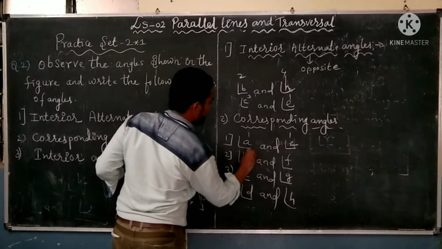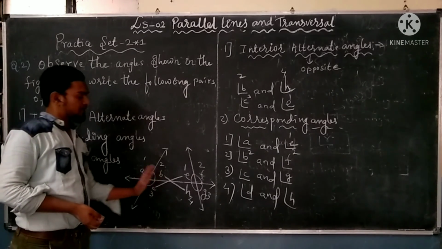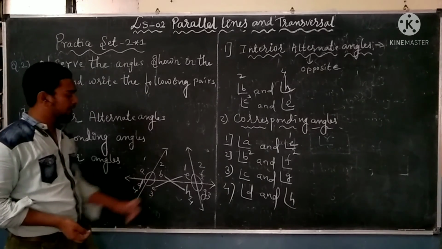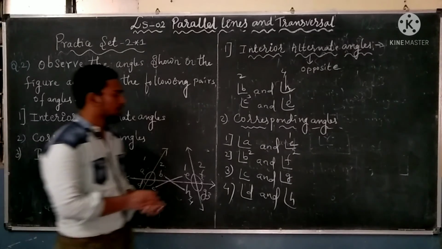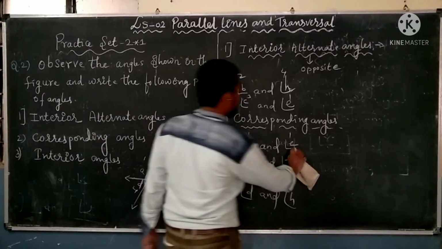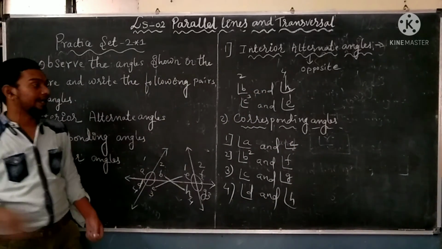Angle B and angle F is 2. Why are we taking 2, A, 1 first arm, second arm? These are the 1, 2, 3, 4 angles. This is also 1, 2, 3, 4 angles. Therefore, these angles are corresponding angles.